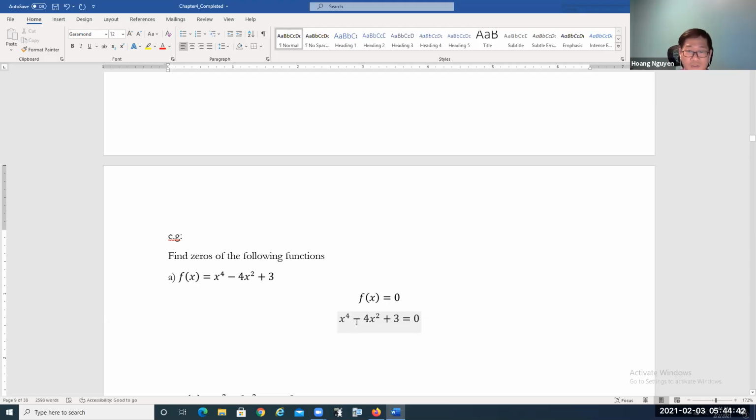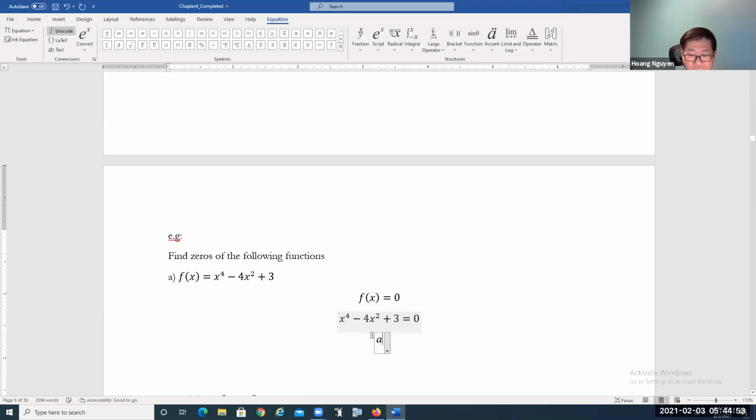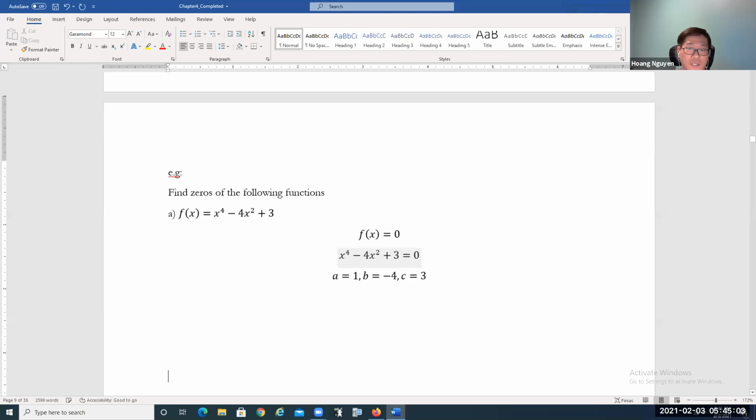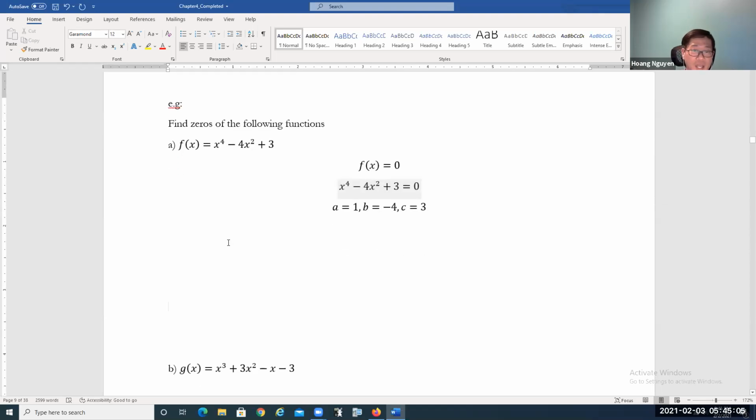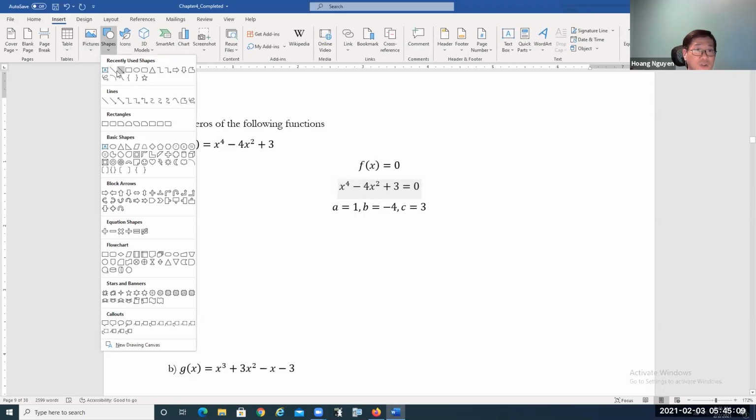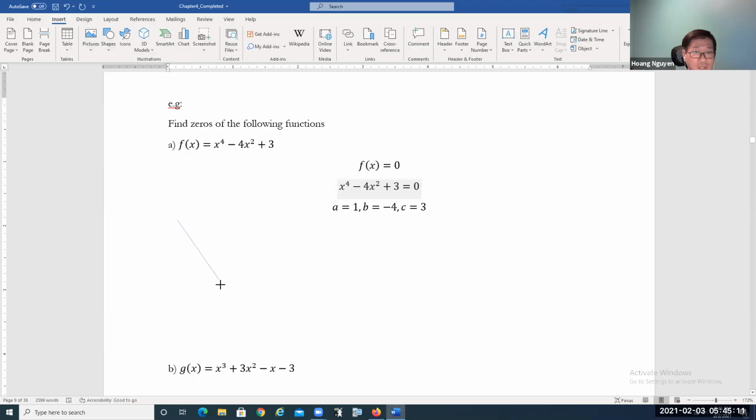So x to the power 4 minus 4x squared plus 3 is equal to 0. I'm going to use the AC method that you might have seen in the past. A is equal to 1, B is equal to -4, and C is equal to 3. Hopefully some of you know this method. Let me draw this real quick right here.